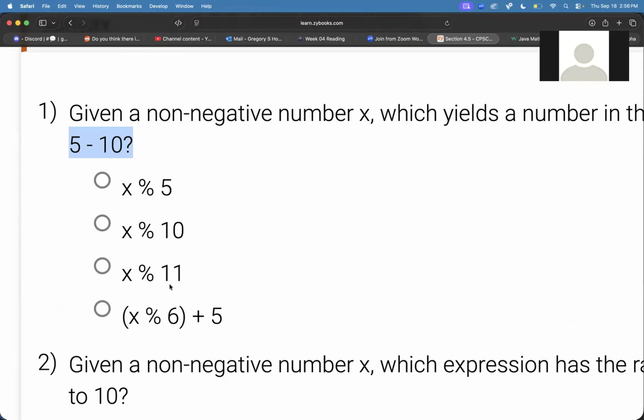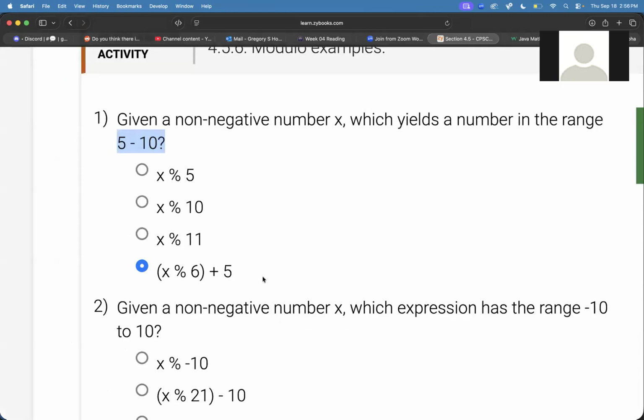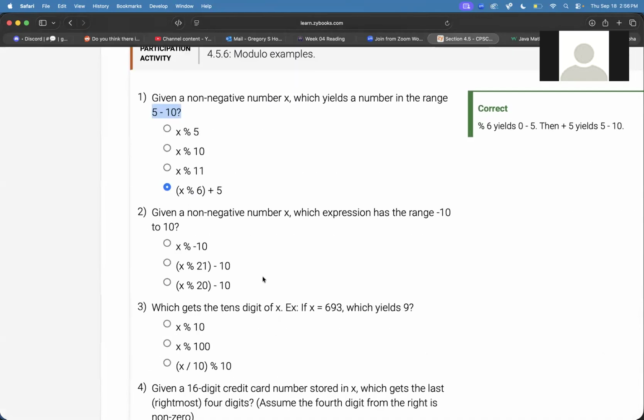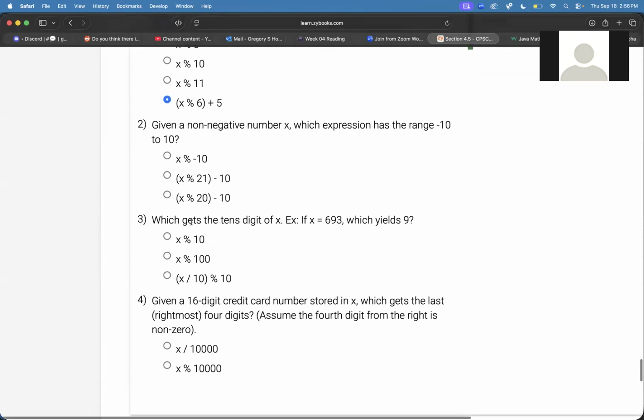If you did X mod 11, you would get something between 0 and 10, which is not 5 to 10. If you do X mod 6, this would give you something between 0 and 5. But if you took 0 to 5 and added 5, then you would have 5 to 10. So that's going to be correct.